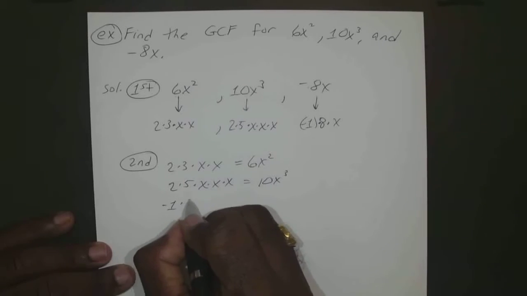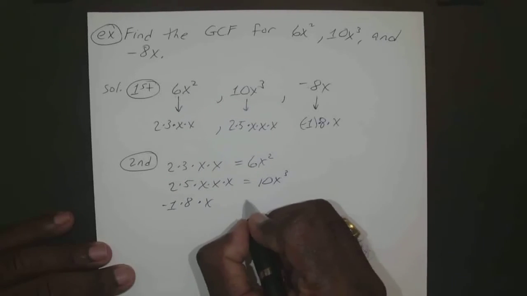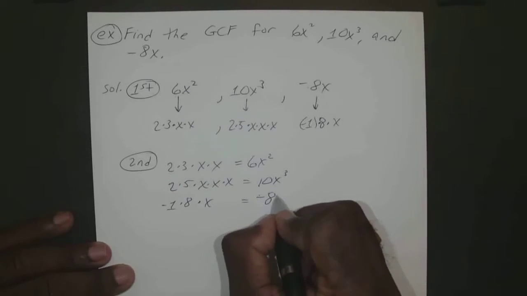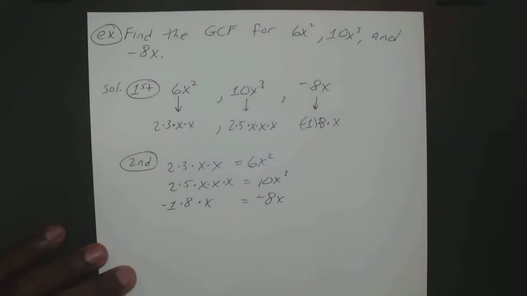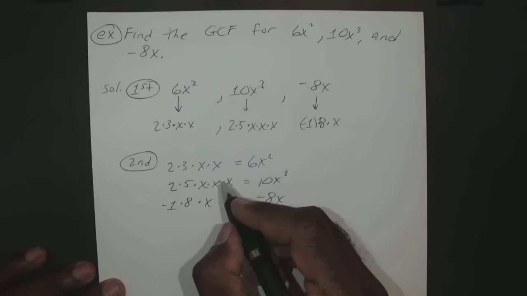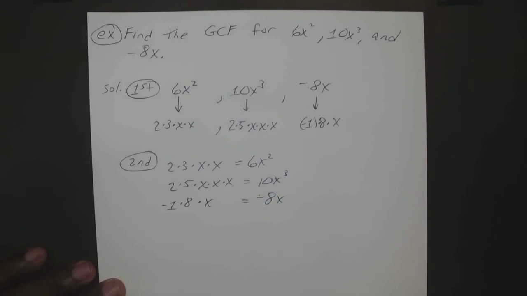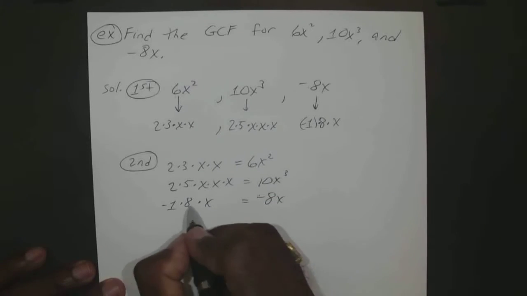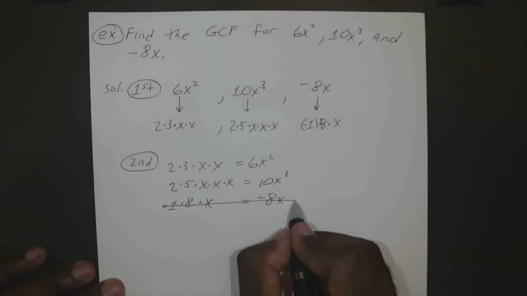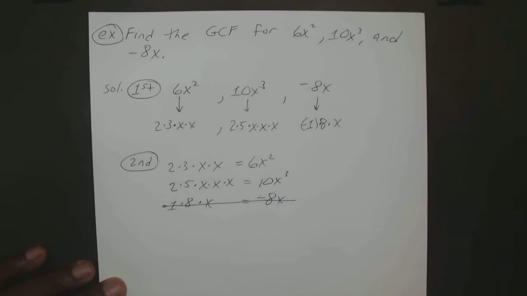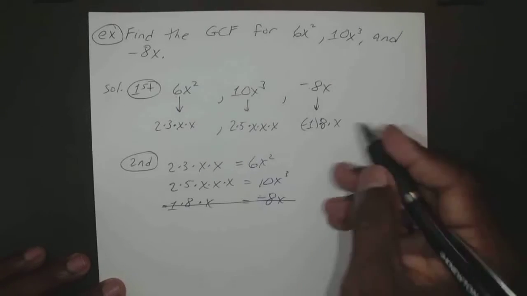And negative 1 times 8 times x is your negative 8x. Okay, I didn't break down the 8, so the 8 can be 2 times 2 times 2.